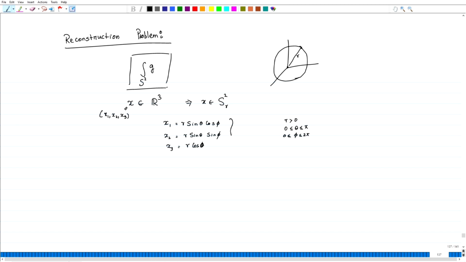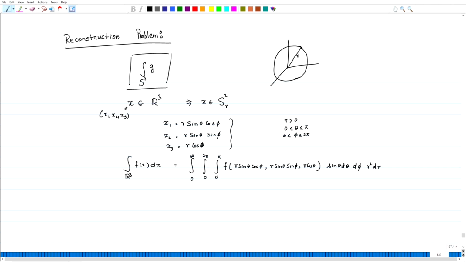In polar coordinates, the integral over R^3 of f(x) dx is the integral from 0 to infinity, 0 to 2 pi, 0 to pi of f(r sin theta cos phi, r sin theta sin phi, r cos theta), and the Jacobian is sin theta d theta d phi, and then r squared dr.